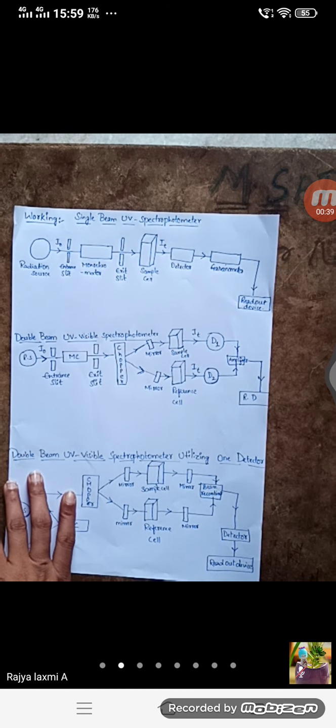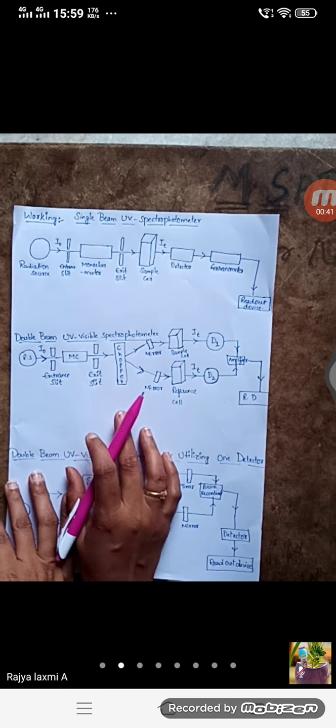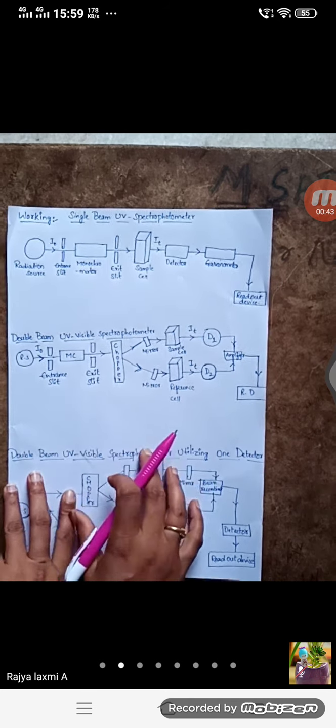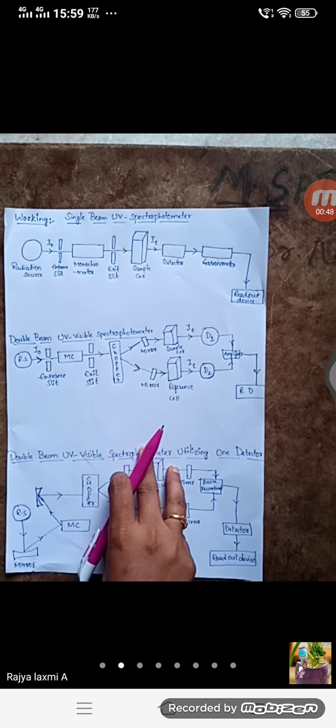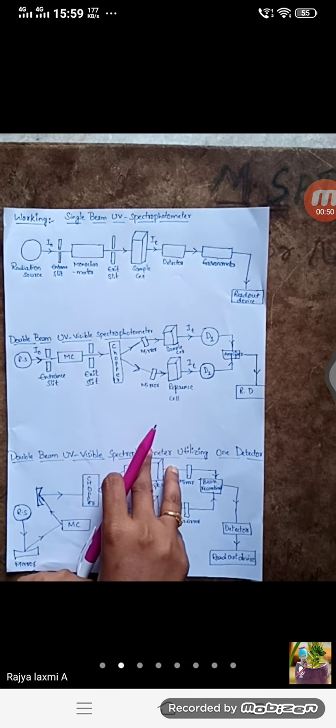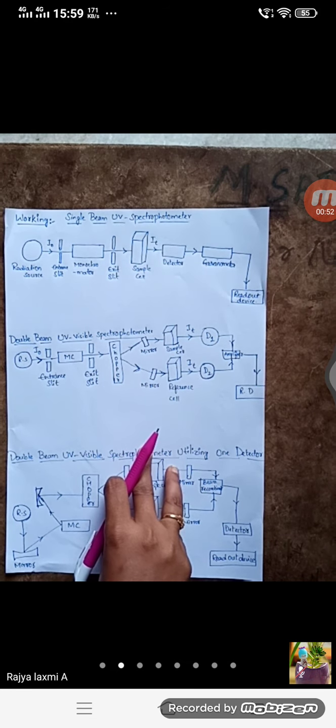Here, it is simple, just listen carefully. In the first components, what is the first component? The radiation source.